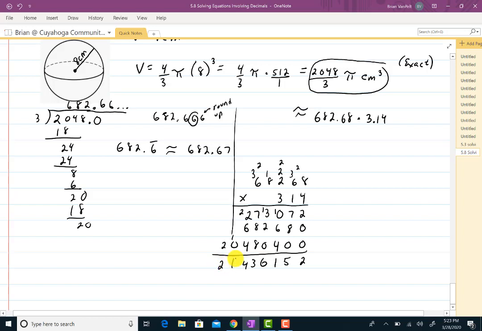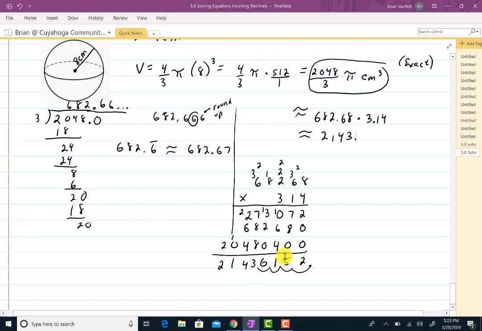And then we had 1, 2, 3, 4 decimals. So starting back here, I'll go 1, 2, 3, 4. So I get approximately 2143. I'm going to round to 2 decimal places. So for this, I'm going to get 0.21.